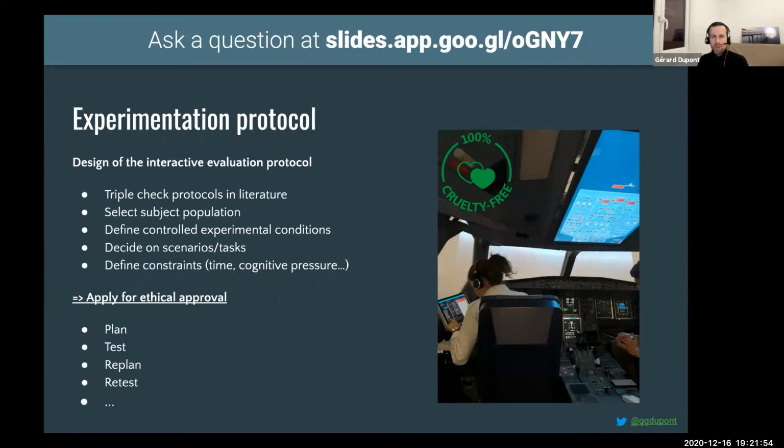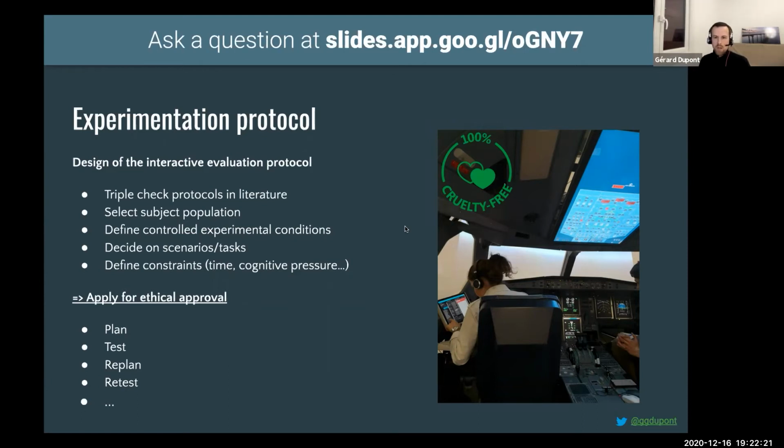One drawback also of human experiments is that you have to apply for ethical approval. To be clear, we collaborated with the laboratory of the ENAC school in Toulouse, which is part of the University of Toulouse. They have their own ethical committee to which we had to submit our experimentation protocol twice, because we missed some tiny things in the first submission.